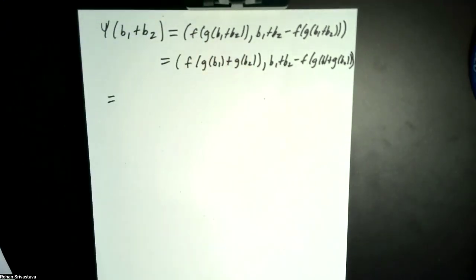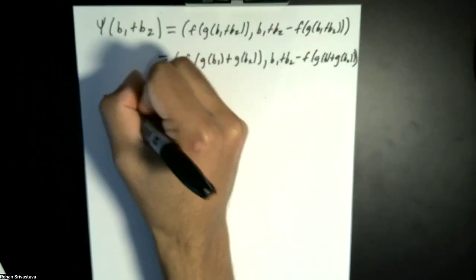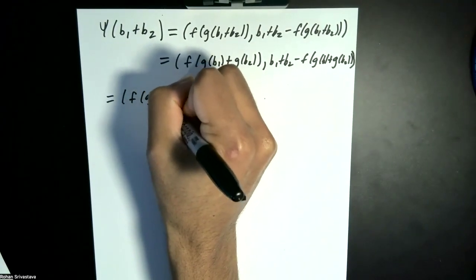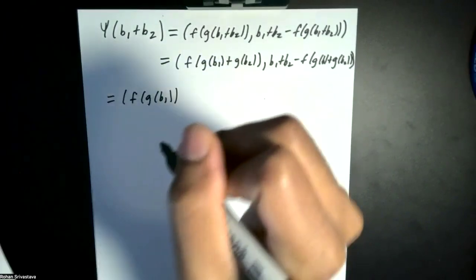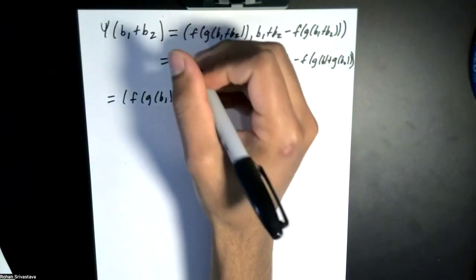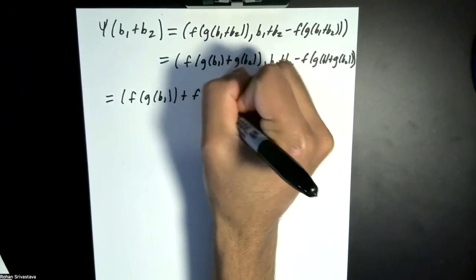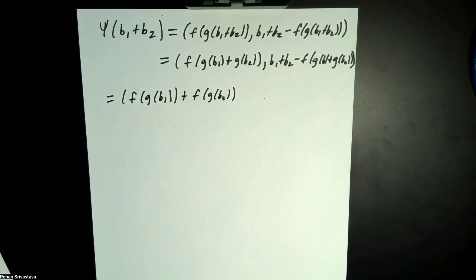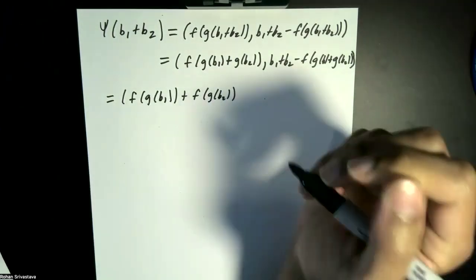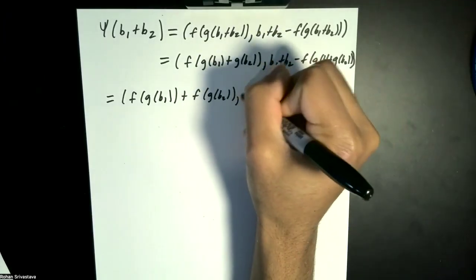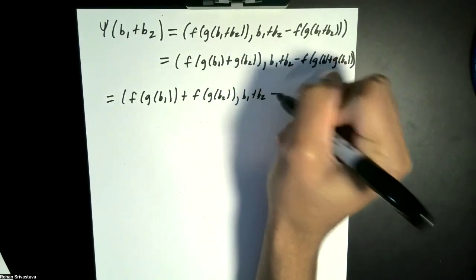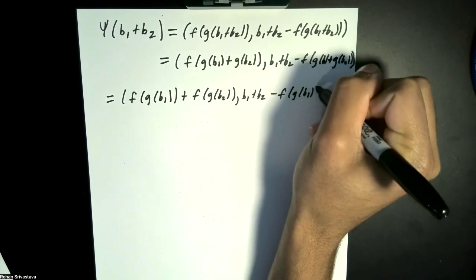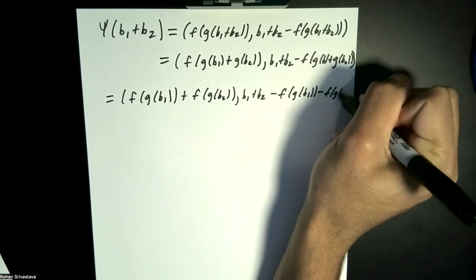And that is equal to F of G of b1 plus F of G of b2, this time using that F is an additive group homomorphism, comma, b1 plus b2 minus F of G of b1 minus F of G of b2.